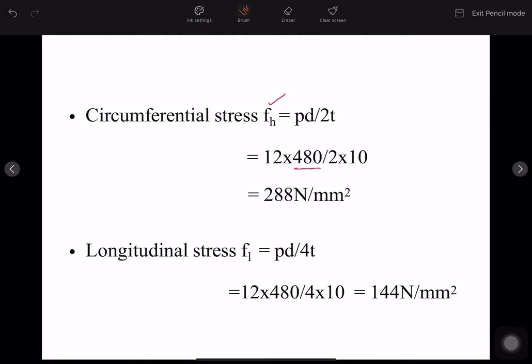So 12 into 480 by 2T. Longitudinal stress PD by 4T, you get as 144, and this as 288.